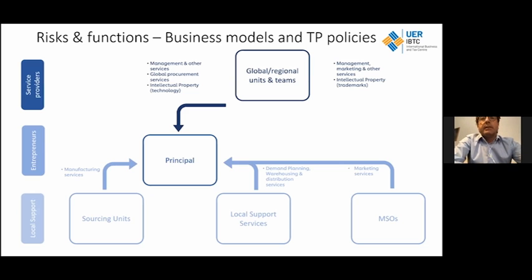So if these are the elements, we can identify two extremes, two different ways to manage the business. One is the most centralized business model, where the principal decides to keep for himself all the key decisions, all the strategy, and leave just the execution to the territories.